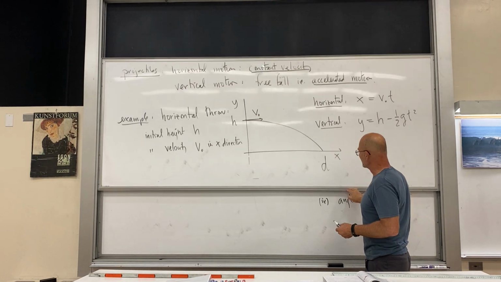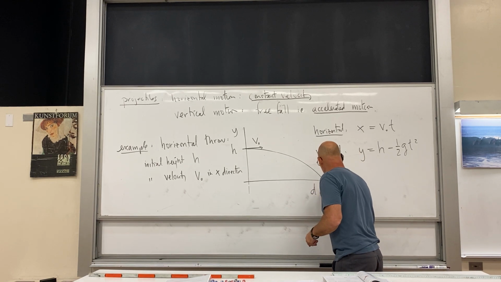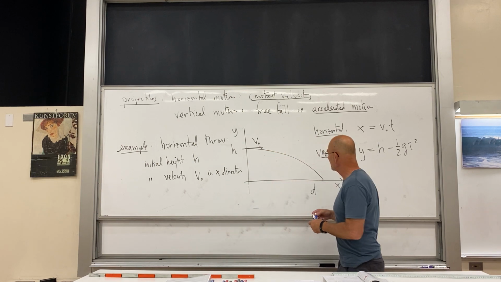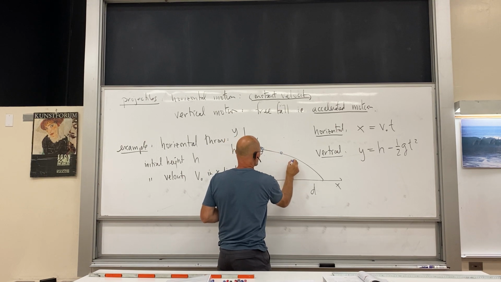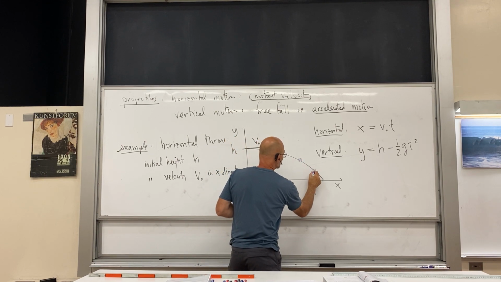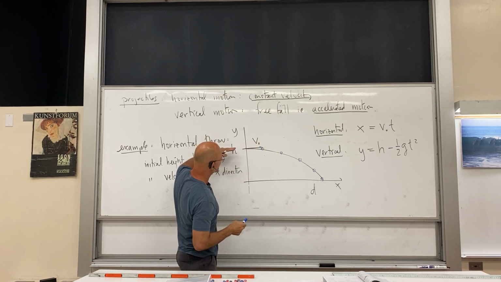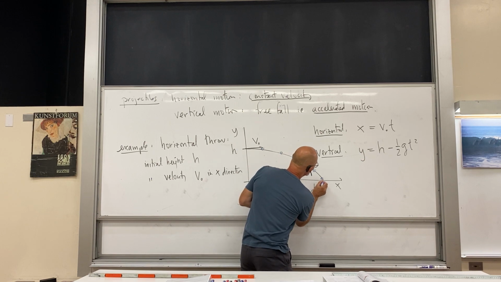So the point is this. Let's relabel a bit. Put the d over here. I need some room. There's the d. When the ball strikes the ground, it's coming in at an angle. It started out horizontally, it's coming in at an angle, and I'm just going to draw an arrow.